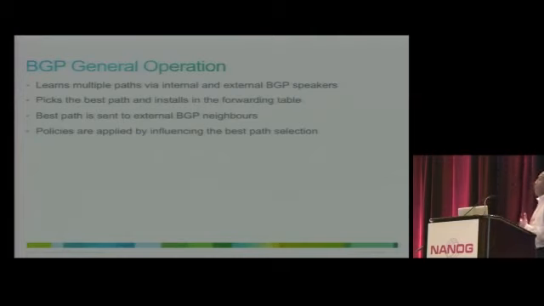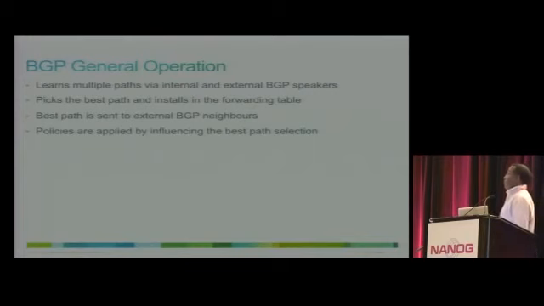We'll see later when it advertises and to which types of peers. The best path is sent to external BGP neighbors. It's also sent to internal BGP neighbors. But there are conditions where it sends to internal BGP neighbors and when it doesn't, and we'll discuss that later on.